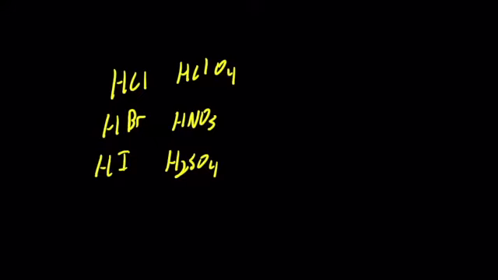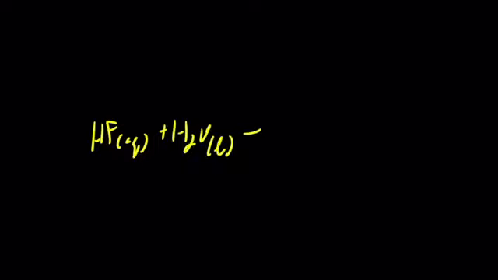And what about weak acids? So let's say I'll have hydrofluoric acid, and it underwent hydrolysis. Why am I drawing double arrows? As I've said before, weak acids tend to reach partial ionization.